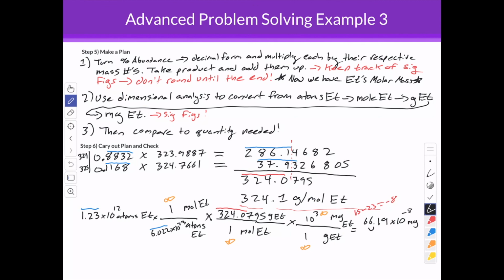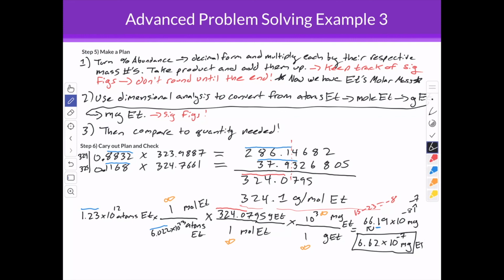Take that over 1. Left, larger, bring that up. -7. Rounding this off at this point here goes up. So our final answer is 6.62 times 10 to the -7 milligrams of ET. Should put that there.